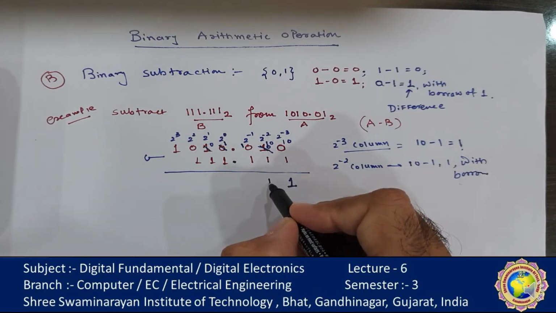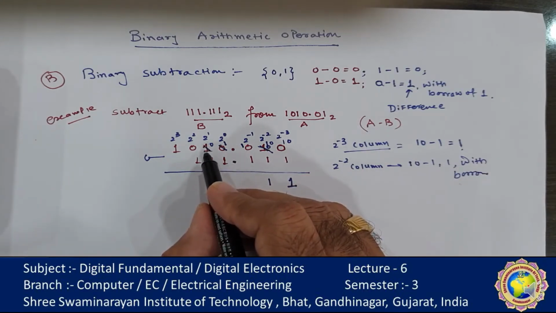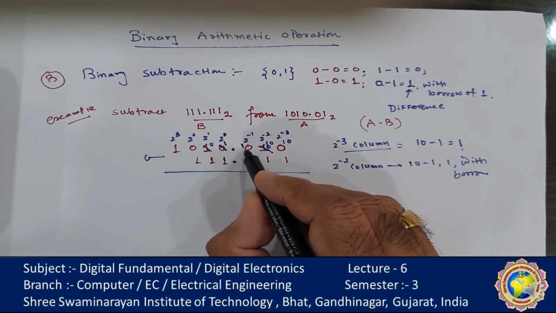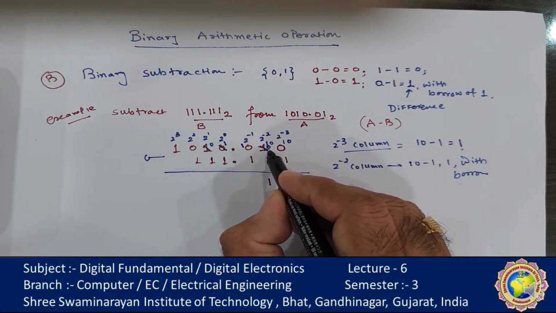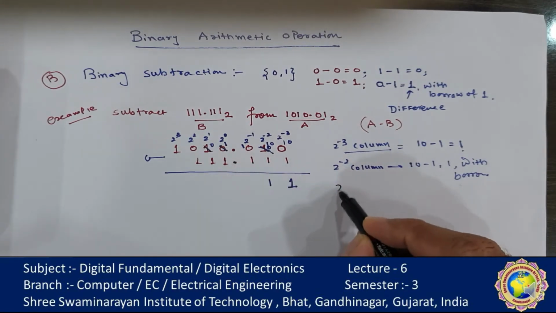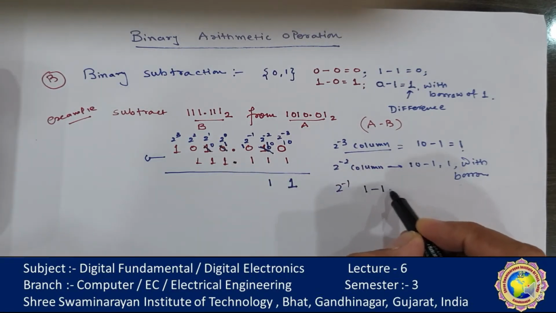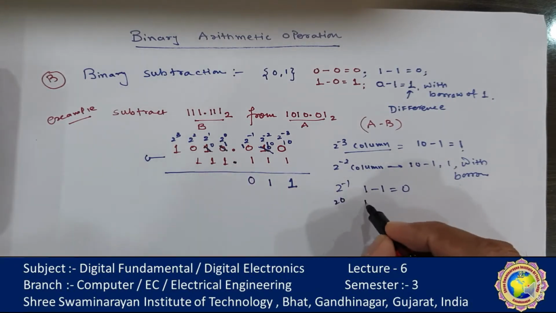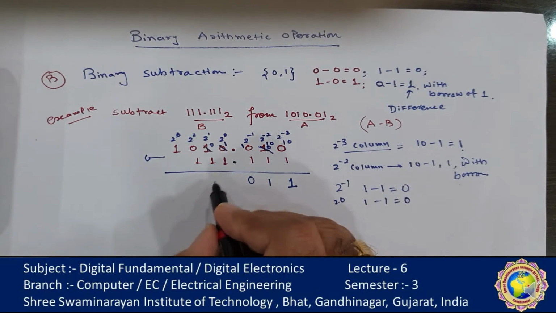So 10 minus 1 is 1 and we already took the borrow from this 2 raised to 1 column. So all remaining are replaced by 1 and this will become 10. Now in the 2 raised to minus 1 column, we get 1 minus 1 is 0. In the 2 raised to 0 column, 1 minus 1 is equal to 0.